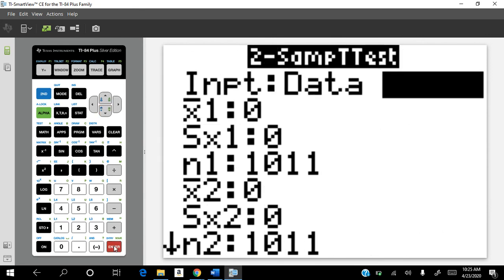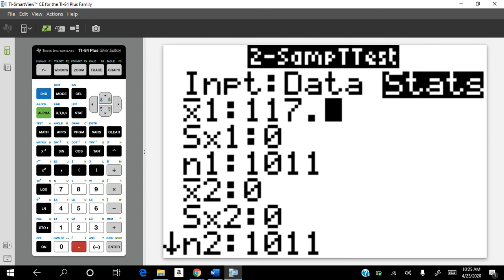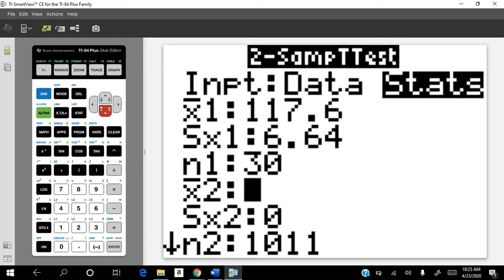Okay, so number 4. Now we have a choice. We can input the data or we can use the statistics. This problem gave you the statistics, so we're going to put those in. X bar 1 was 117.6. The standard deviation for the first sample was 6.64. The sample size was 30. Your second mean was 88.1.